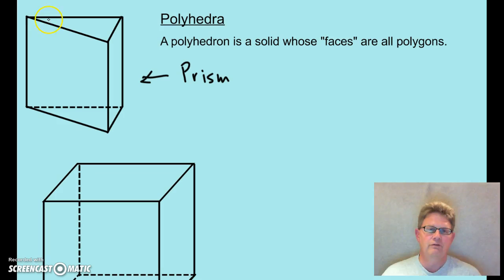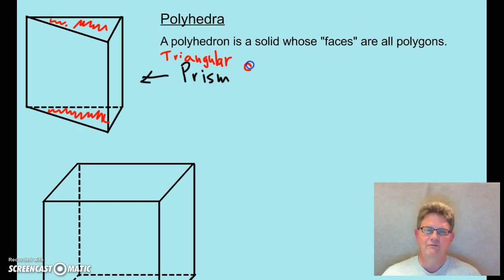Those two congruent faces are triangles. So this is a triangular prism, named for its two faces that are congruent to each other.